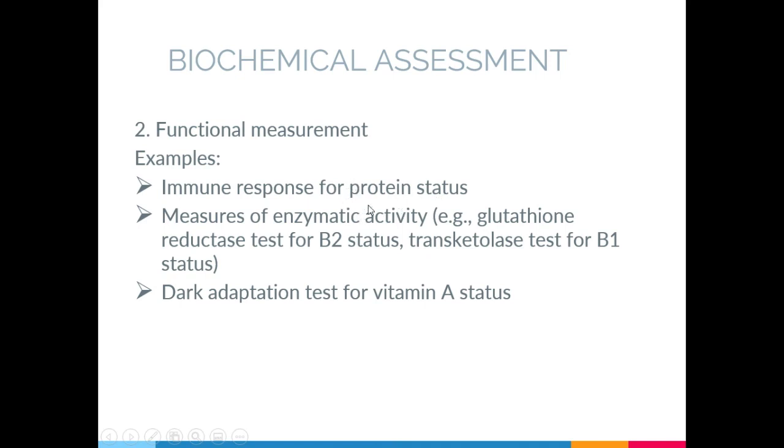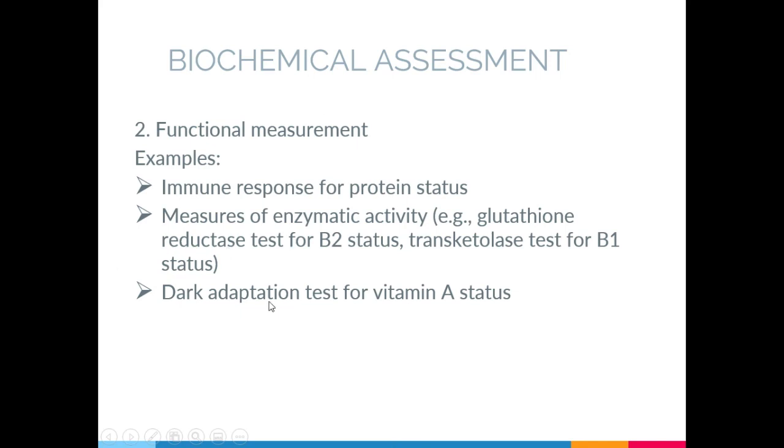That means if deficient ka sa protein, then the immune system would not be able to create antibodies. Antibodies are made of proteins. So that would mean nga naa kay decreased immune response if ga-suffer ka og protein deficiency. Okay? So that's why if low ang immune response, then that would indicate that your protein status is poor.